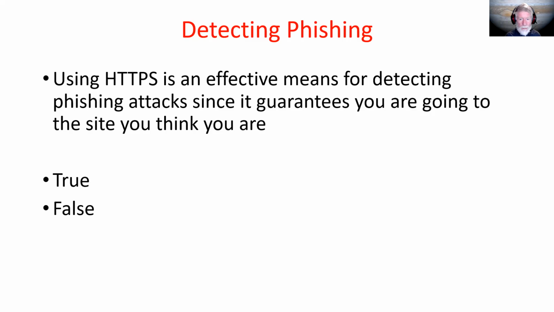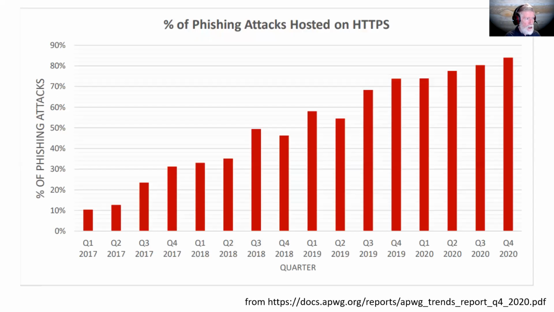if the other site has HTTPS, well, in fact, somebody did a study on what percentage of the evil websites have HTTPS. It's not hard to buy a certificate. It costs you about $100 to get a certificate. So that's an awful lot of money.